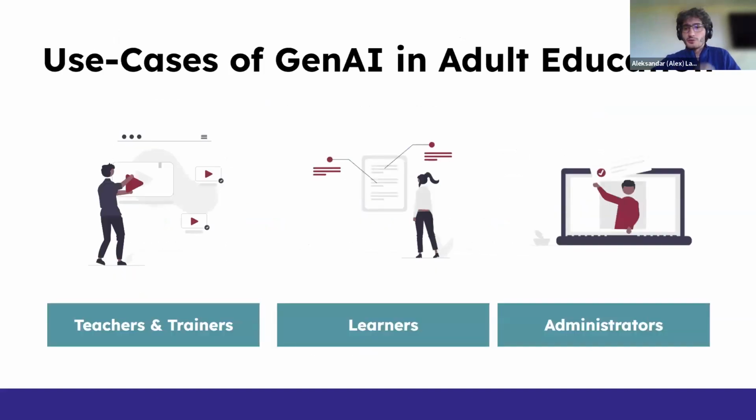Being more specific in terms of adult education, we can give three very short examples. For teachers and trainers, a really cool example that I heard from the UK is they're training first responders in emergency situations using Convai. Convai is a tool which allows you to create virtual avatars, and you can pre-train these avatars to have a certain personality, and then you can also add a framework behind this.